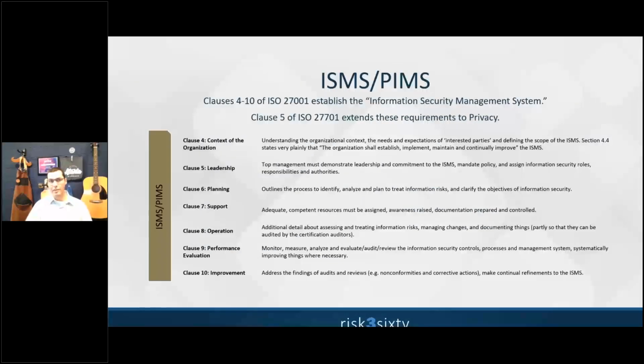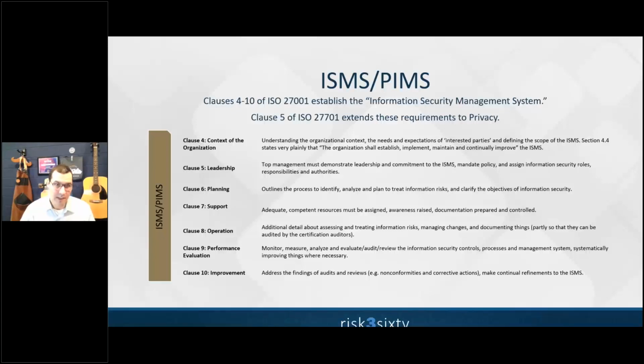Okay, so let's jump into what is in the 27701 framework. As with any ISO standard, the framework starts with the management system. 27701 extends the ISMS requirements from 27001, specifically extends them to privacy.